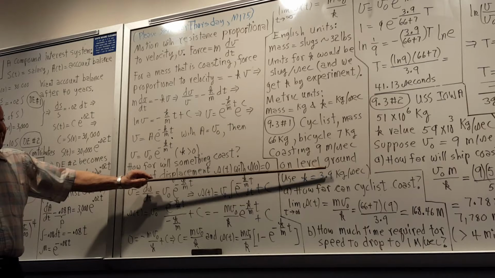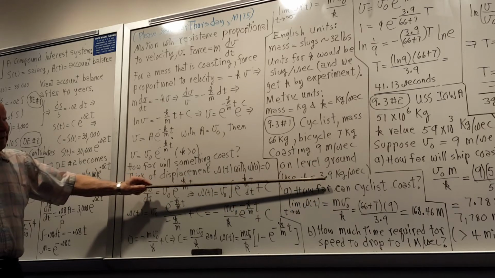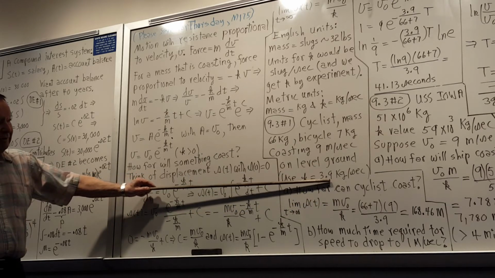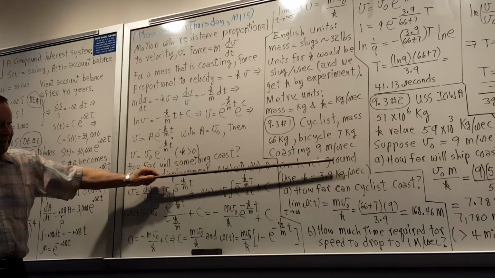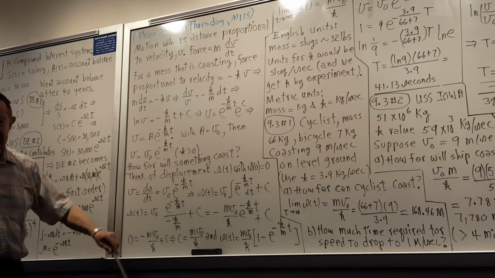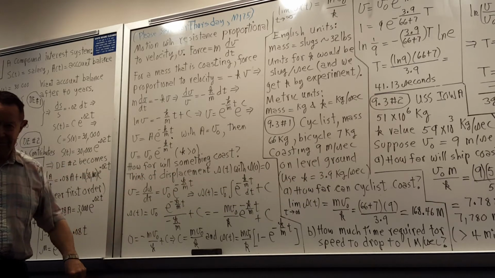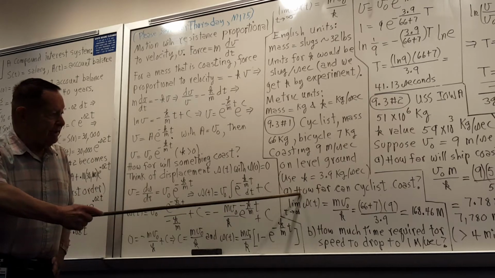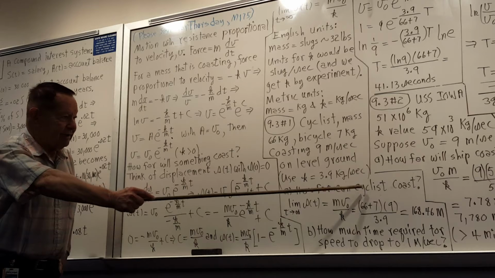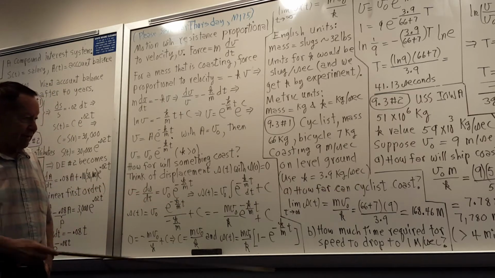But I think primarily the K is supposed to be a composite to take into account air resistance, but I think most of it's really tire resistance probably. And so the question A part is, how far can the cyclist coast?